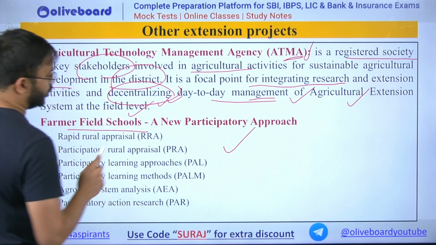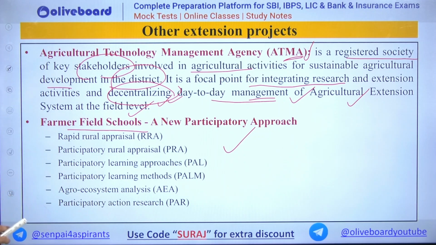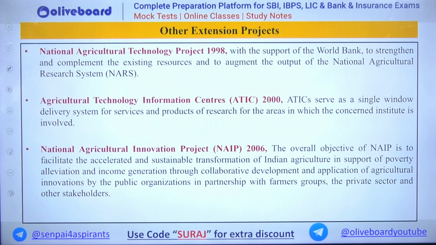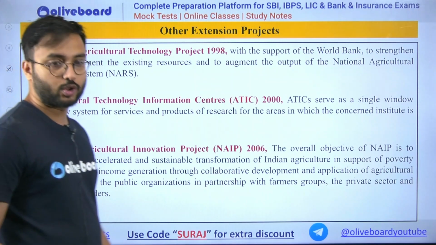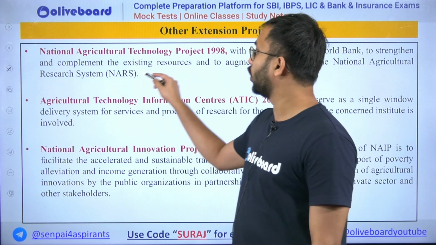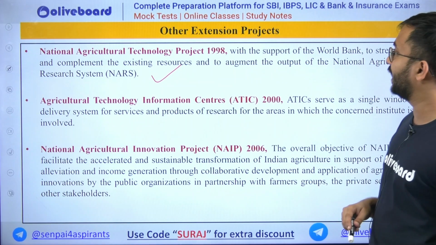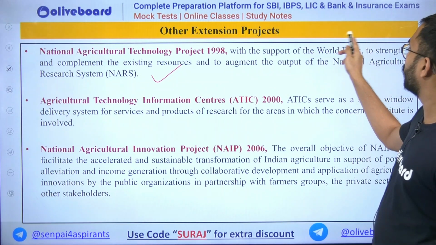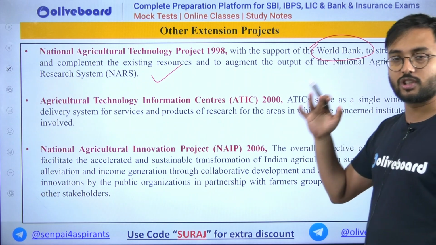Then farmer field schools, a new participatory approach. First is rapid rural appraisal, that is RRA. Second is participatory rural appraisal. Then participatory learning approaches, participatory learning methods, agro ecosystem analysis, and participatory action research. Then other extension projects. One is of course the National Agricultural Technology Project, 1998. This is with the support of the World Bank, and what is the purpose here?